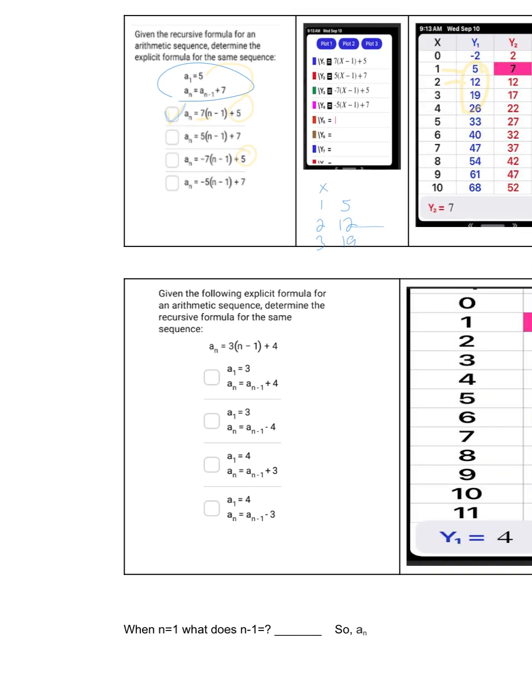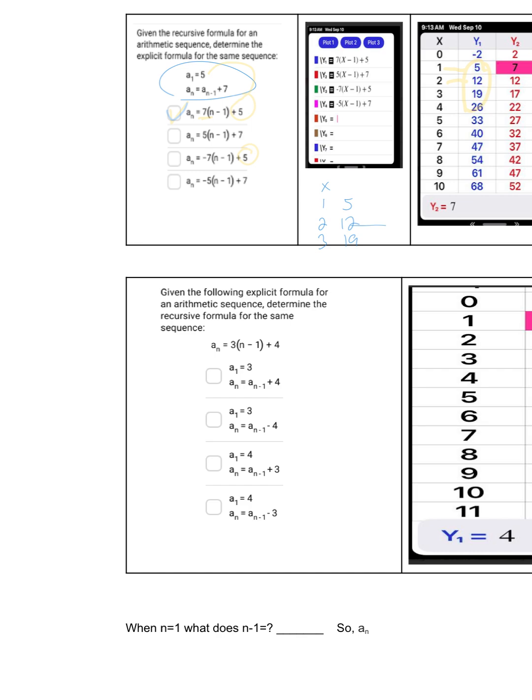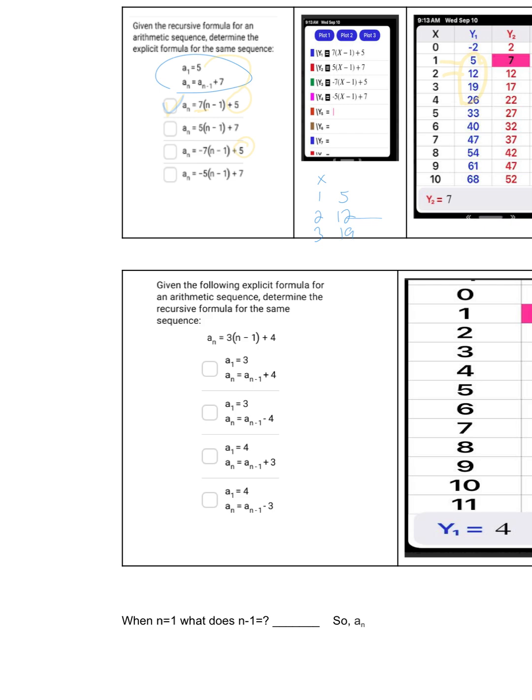Okay, so this one is a little bit different. You're given the equation, and now you're going back the other direction. So from what we just learned, what do you think our first term is? 4, exactly. What you can do is put in n equals 1. What is 1 minus 1? 0.